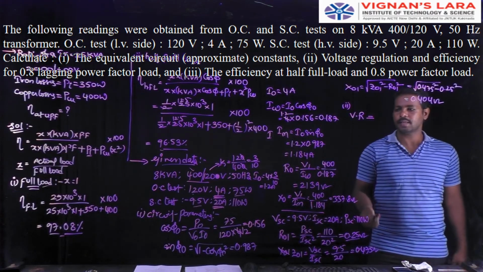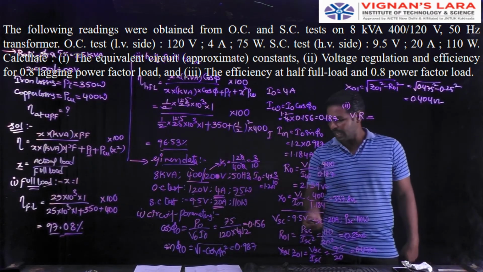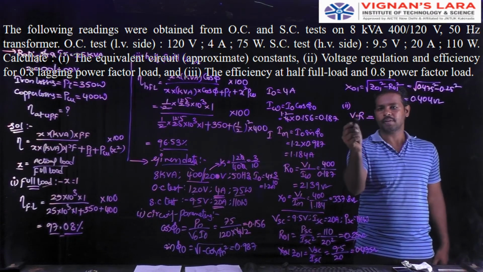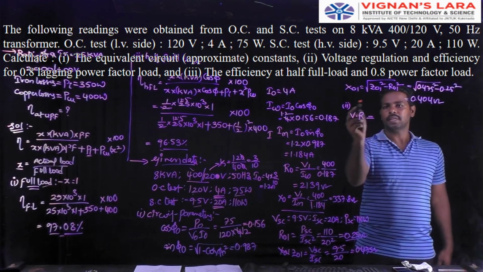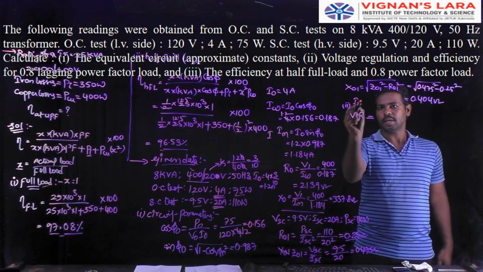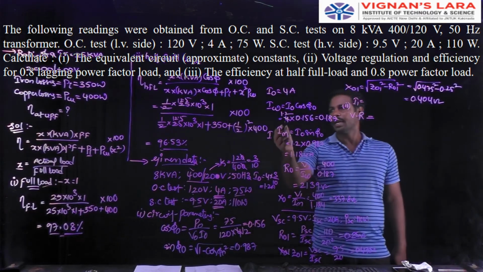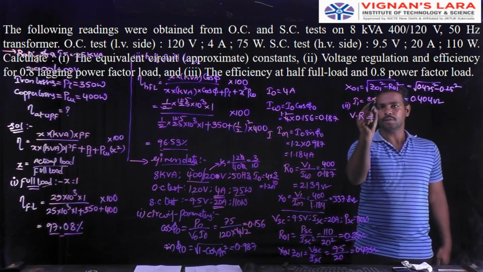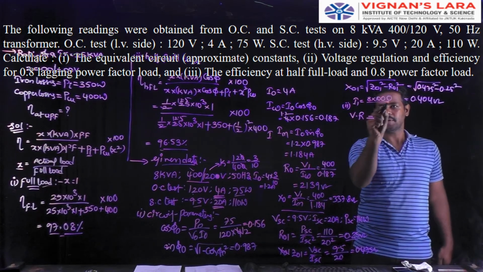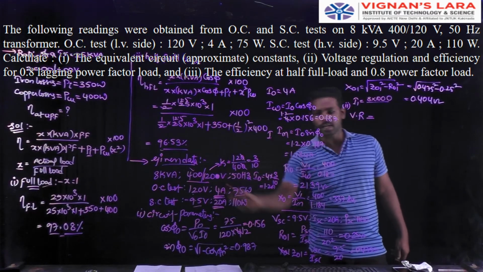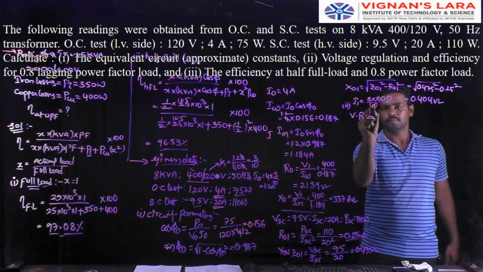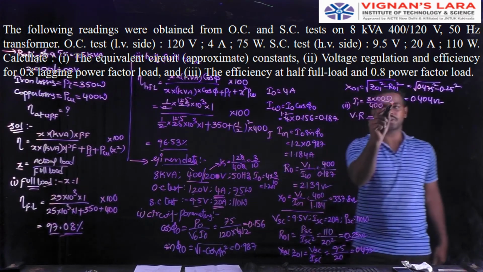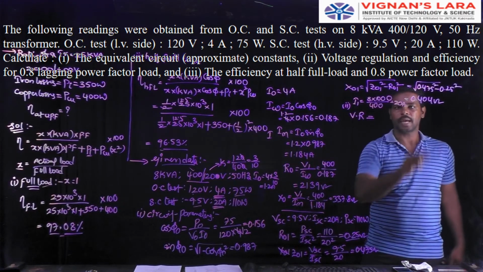I1 is also a calculated parameter. The rating of the transformer is 8 kVA, so I1 is equal to 8 into 1000 divided by primary voltage 400, which is equal to 20 amperes.